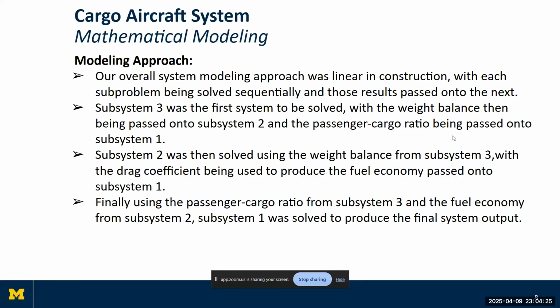Subsystem 2 is aerodynamic optimization. It will minimize the drag coefficient and give the fuel economy to subsystem 1. Finally, we will solve subsystem 1 based on the passenger cargo ratio and the fuel economy. Next.